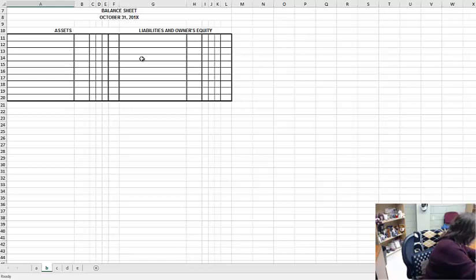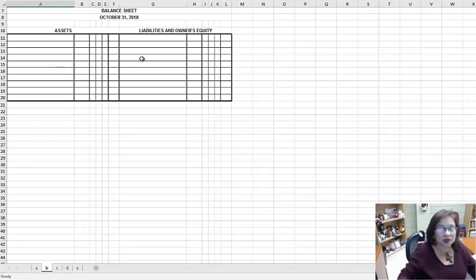If you go to your book, starting on page 14, guys, you have the income statement, the owner's equity, and then the balance sheet. And if you go back to page 15, the PowerPoint and the videos show you where to get what you need to determine what to do there.